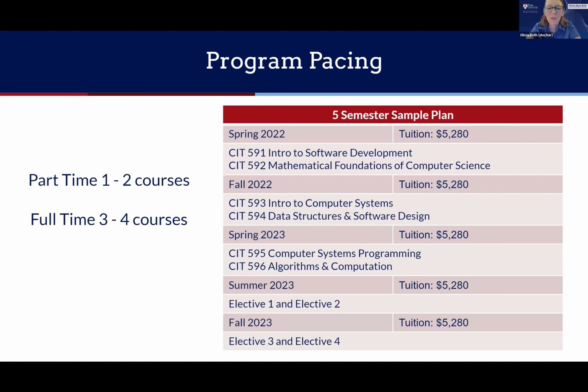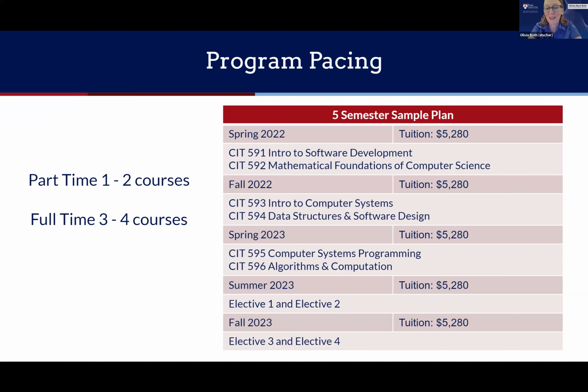So there are different ways that students can go through the program at different speeds. There's really not a lot of restrictions on how you do it. What we see here is one 5-semester sample plan. This is one path that a student could take, which is basically 2 courses each semester, including the summer.